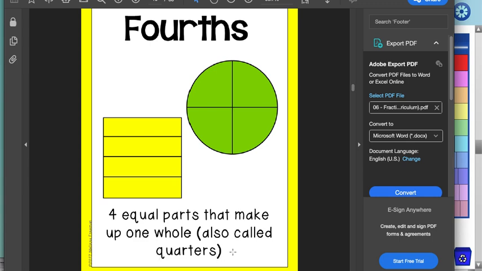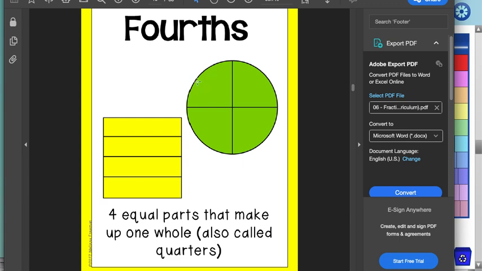Now, thinking about when we talked about money, do you remember the coin that's called a quarter? Well, in class, this is my favorite moment about teaching fractions, seeing the connection on students' faces when they realize that a quarter is 1/4 of a whole dollar.